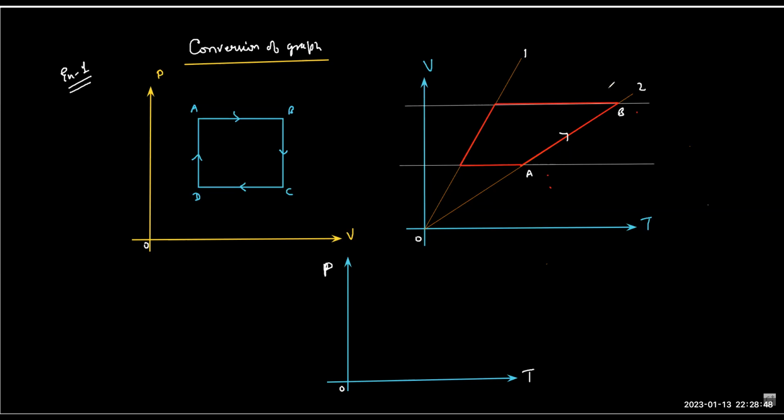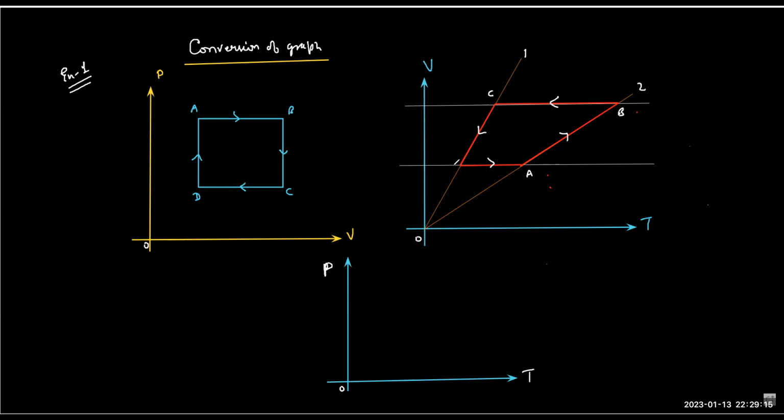It means you must go from 2 to 1, because 1 is at low pressure and 2 is at high pressure. The rest is done. What you can see is that the clockwise cycle in PV has become an anti-clockwise cycle in the VT graph. Is this clear?